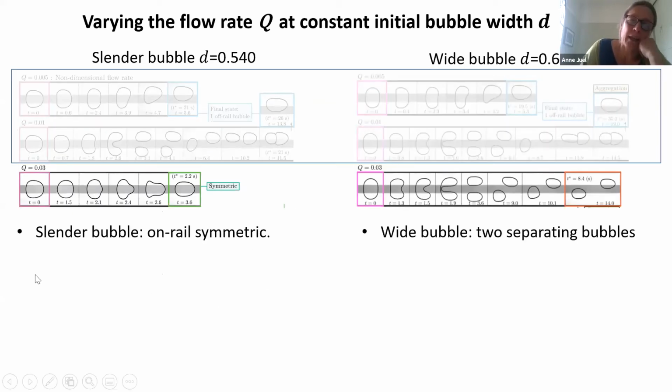And so we can look at both slender and wide bubbles again. And for the slender bubble, indeed, that's exactly what happens. You deform the bubble transiently, and then it lands on the symmetric bubble state. And that's this on-rail symmetric long-term behavior, which is steady.